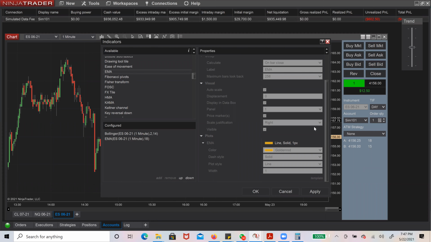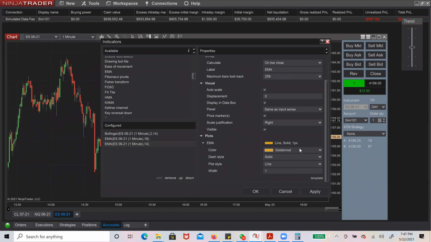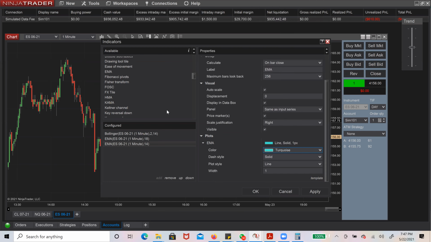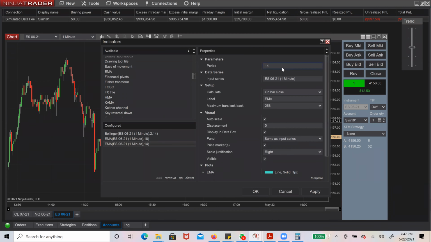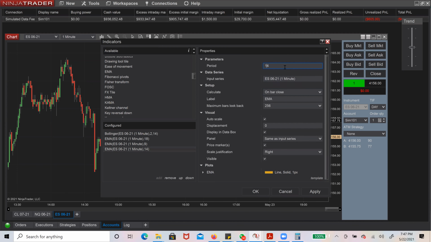You can add as many as you want, but it's all about how you're going to take a trade, how successful a trade you want. The second one will be, let's say, turquoise. First is 18, the second one is 9, and the third EMA is going to be 4.